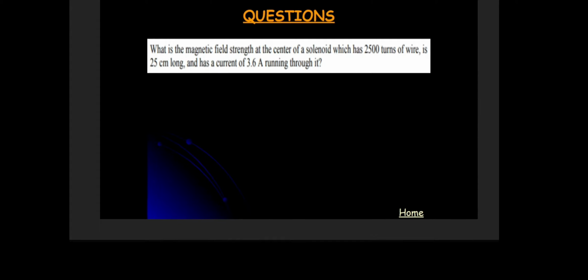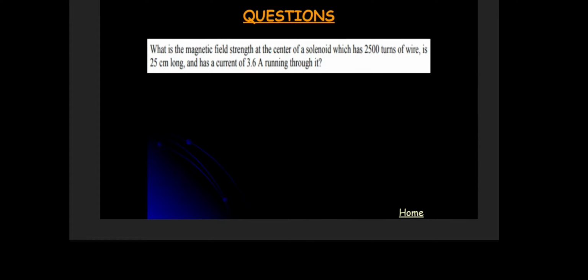I'm giving you 2 minutes to attempt that. Remember, the permeability of free space, when you calculate the pi in it, is 12.56 times 10 to the negative 7. Once you get an answer, you can write it in the chat.